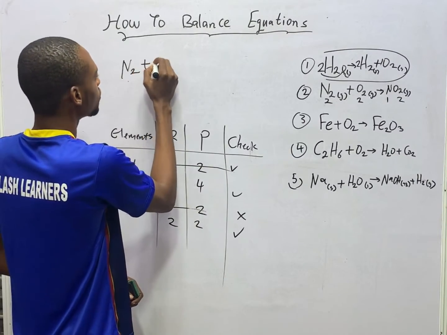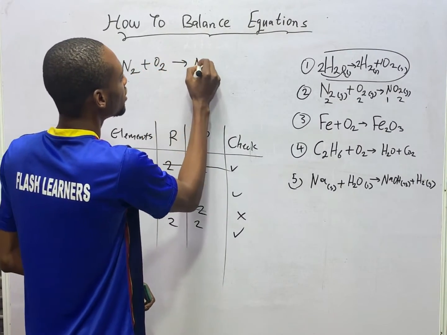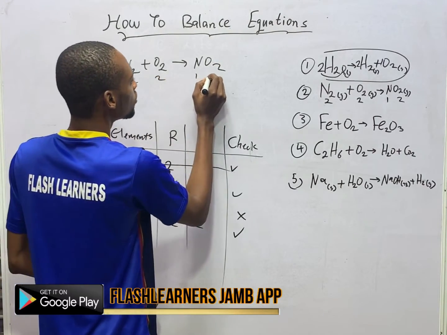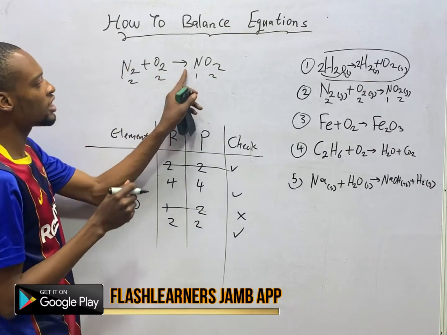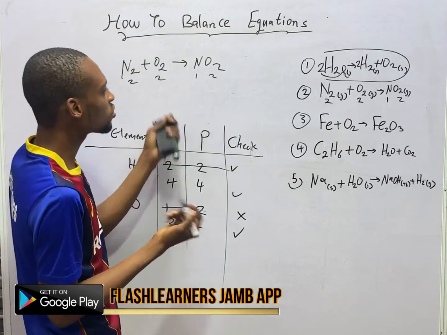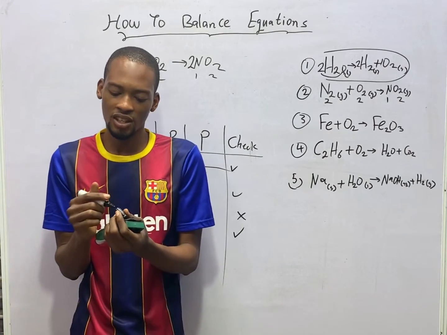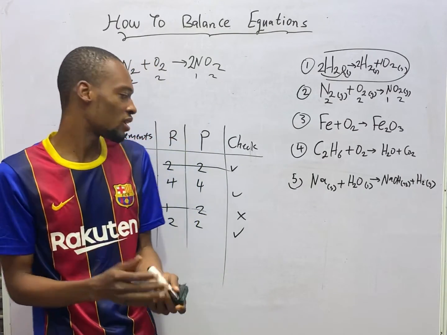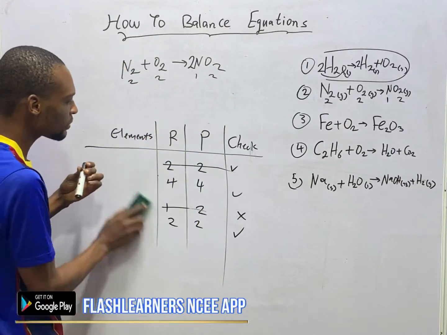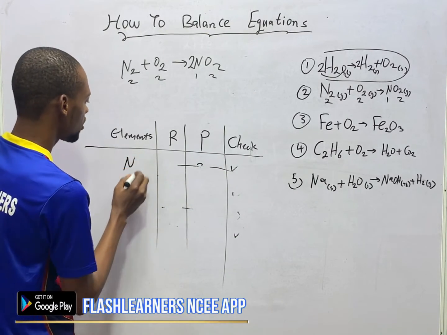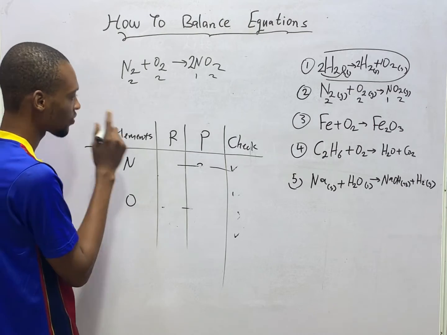Now let's take a look at this. N2 plus O2 to give us NO2. So 2, 2, 1, 2. So let's try to increase nitrogen. To do that, we simply make here 2, right? Now let's see if everything is balanced now. Remember, this equation is made up of nitrogen and oxygen.